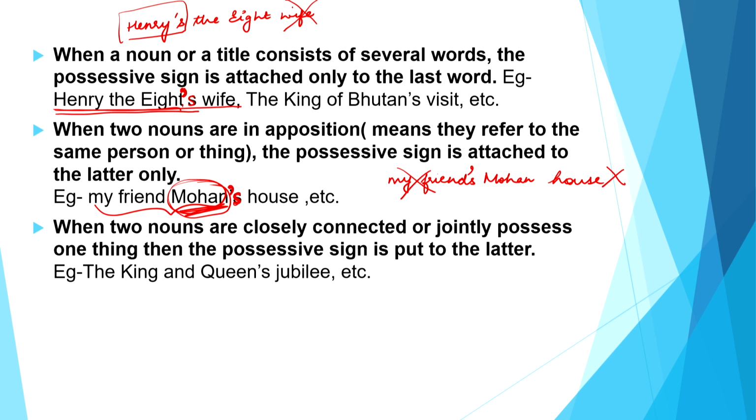When we are talking about two closely connected things, we won't write king's and queen's jubilee. Writing them as separate will be totally wrong, because king and queen, they are husband and wife. So, you do not add a separate possession to them. Now, let us take another example.